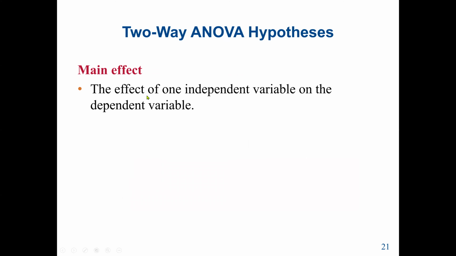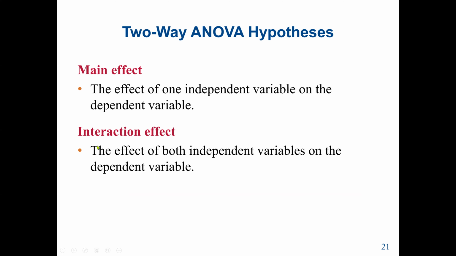The main effect is the effect of one independent variable on the dependent variable. And we also want to know the interaction effect, which is the effect of both independent variables on the dependent variable. So I have X, Y, and Z. Z is our dependent, and X and Y are independent.